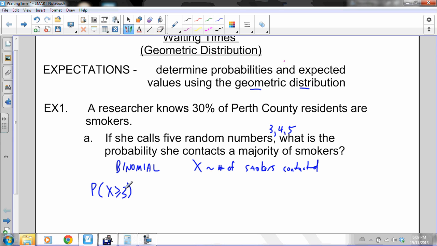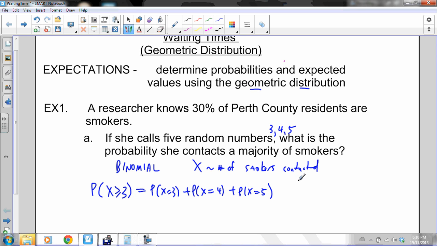And this is the advantage of our Chapter 7 notation, that we can talk about more than one case at a time. And what's that equal to? It's equal to the 3 cases that we just discussed, right? When we have 3 smokers, or 4 smokers, or 5 smokers. I'm just going to add them all up.